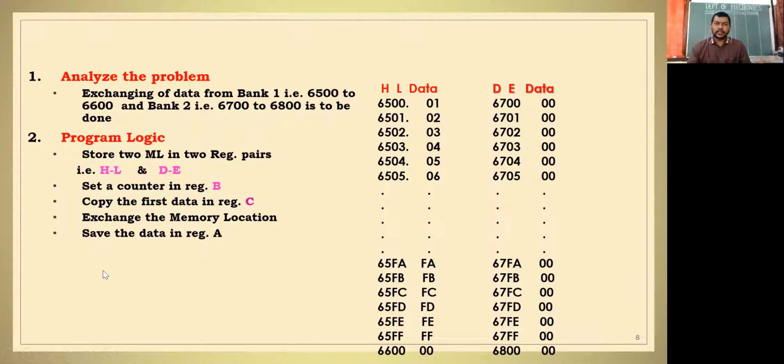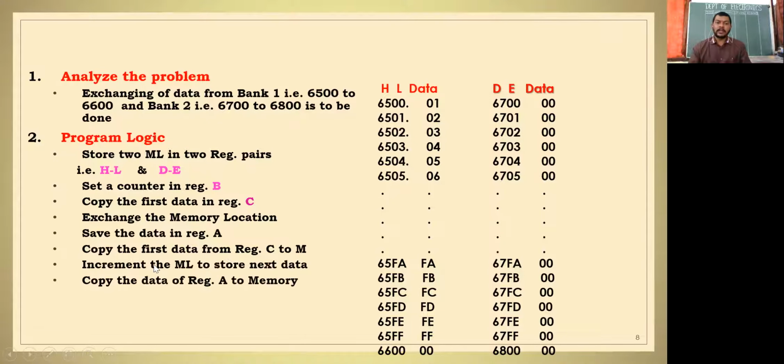Then we copy the first data, which is stored in C, to the memory at 6700. Then we increment that to keep track for the next. And then we copy the register A data to memory.